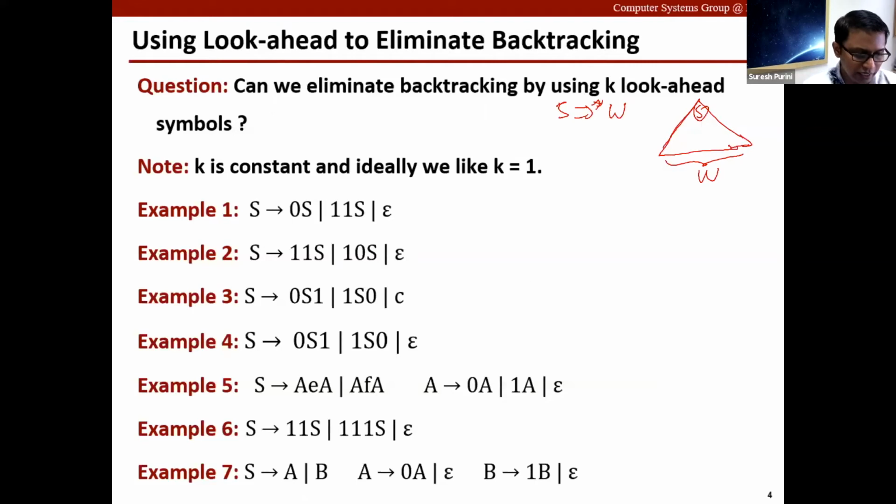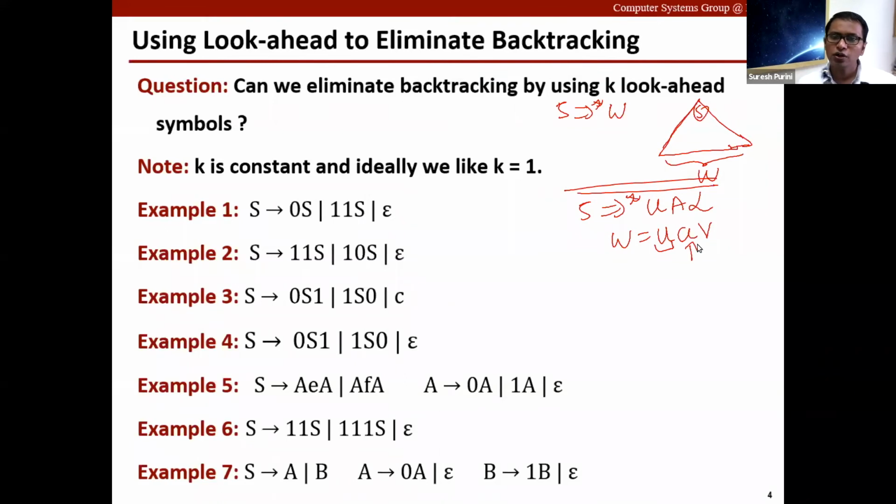So what is the idea here? This is the situation we are in. From S, we have generated U A alpha, and W is U A V. So this prefix U is already generated. The next input symbol is a, and A has two substitution rules: A goes to alpha 1 or alpha 2. So the idea is we want to use the lookahead symbol.